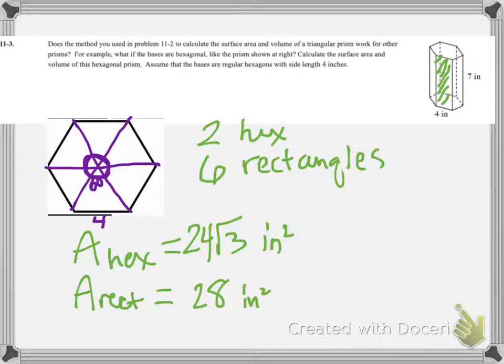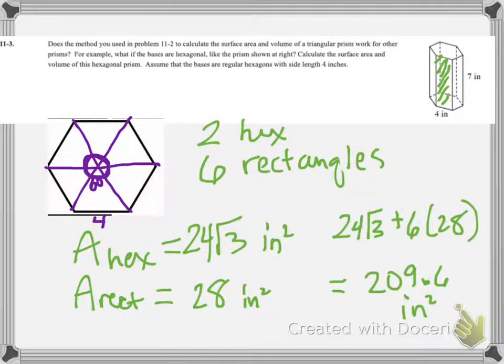So the total area would be 24 root 3 plus 6 times 28. So the total surface area is 209.6 square inches.